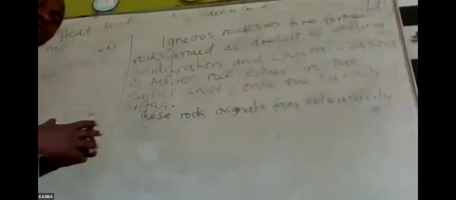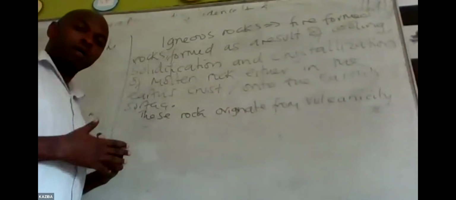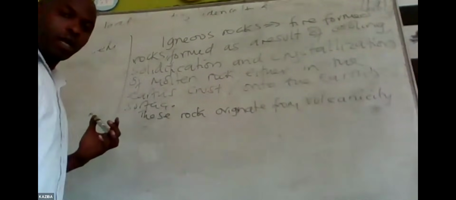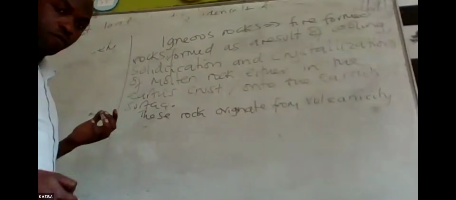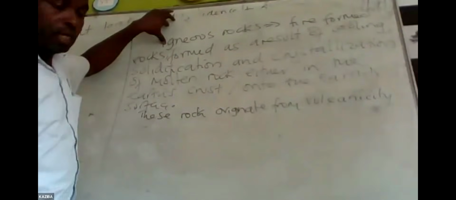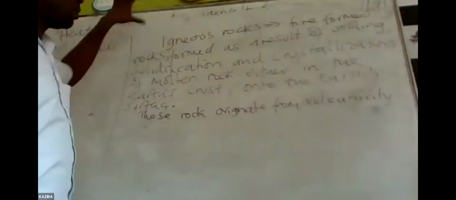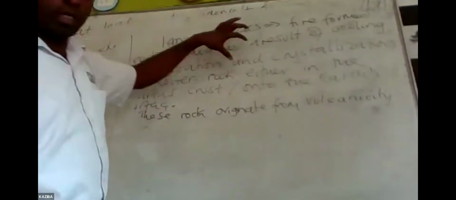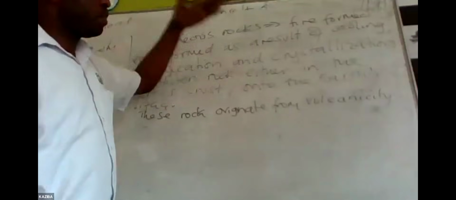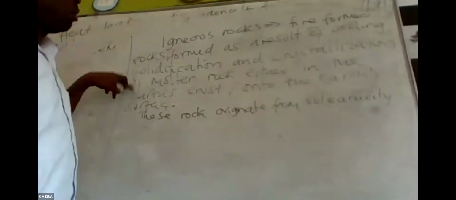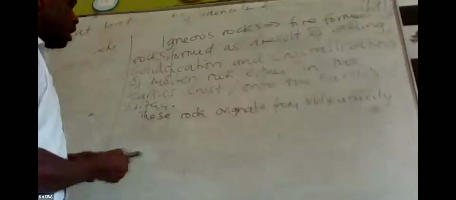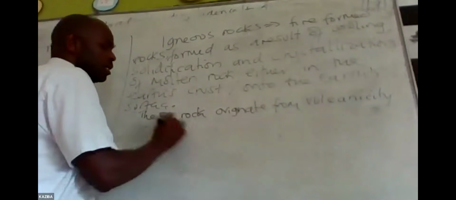Vulcanicity is a total process which involves extrusion of lava onto the top of the Earth's surface and intrusion of magma into the layers of the Earth's crust. So, identify igneous rocks as fire formed rocks formed as a result of cooling, solidification, and crystallization of molten rock material, either within the Earth's crust or onto the Earth's surface. Then identify the process: these rocks originate from volcanicity.